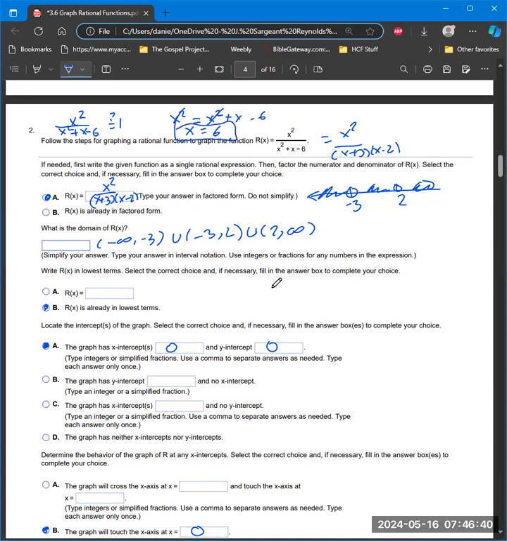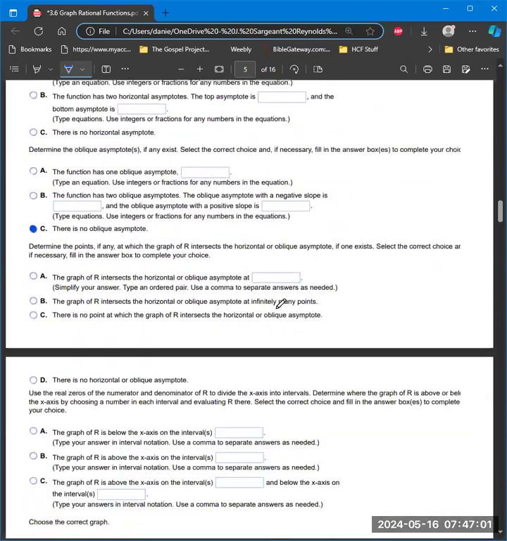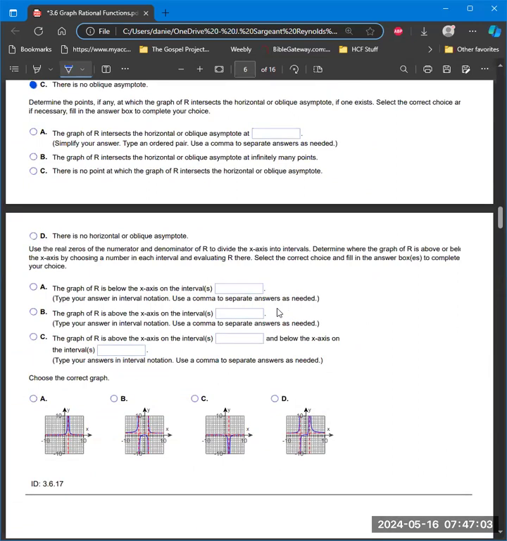So yes, plug 6 back in, and we get 36 over 9 times 4. That's 36 over 36, that's 1. So it crosses at 6, 1.